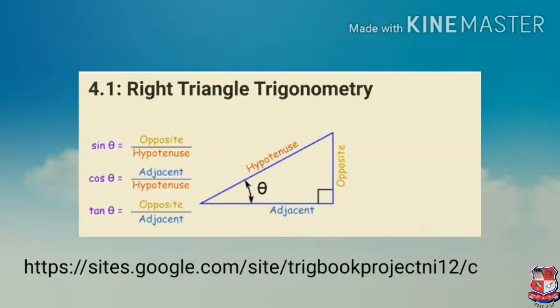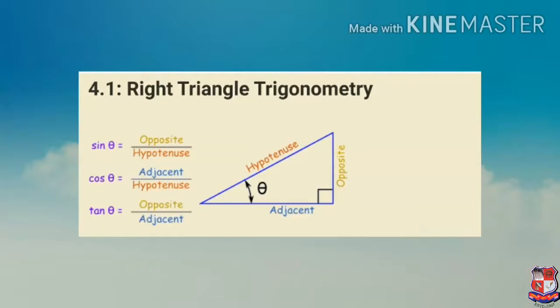Let's do a first revision of trigonometry. Suppose this is a triangle where theta is the angle. The side exactly opposite to theta is the opposite side, the side near to theta is the adjacent side, and then the hypotenuse.